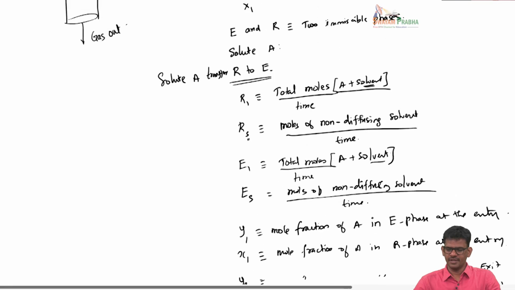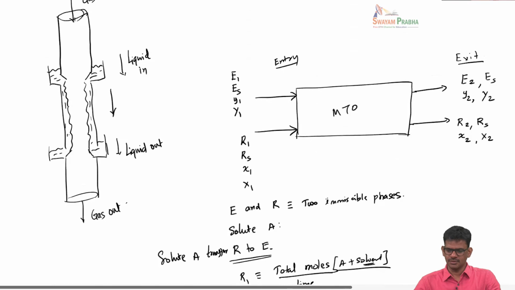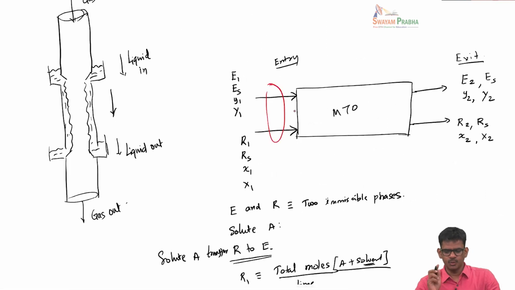Going back to this figure again, you can see that I am using a co-current flow. Both streams are entering, and each stream is defined with quantities like total molar flow rate, solvent molar flow rate and mole fraction.